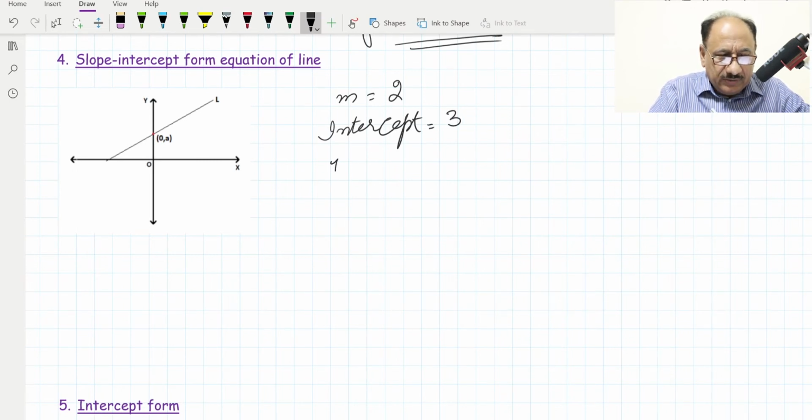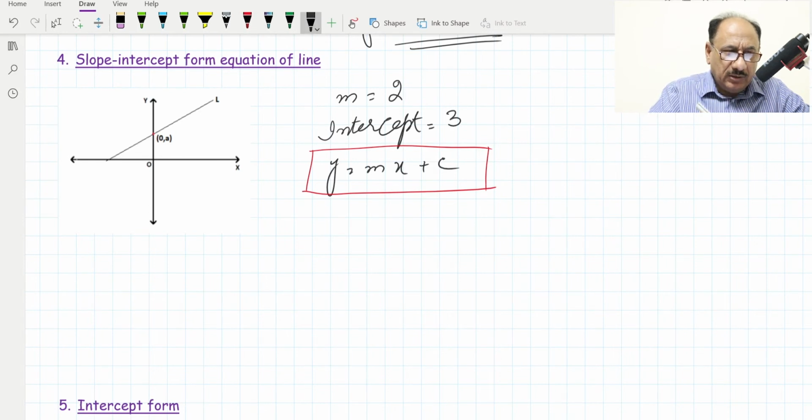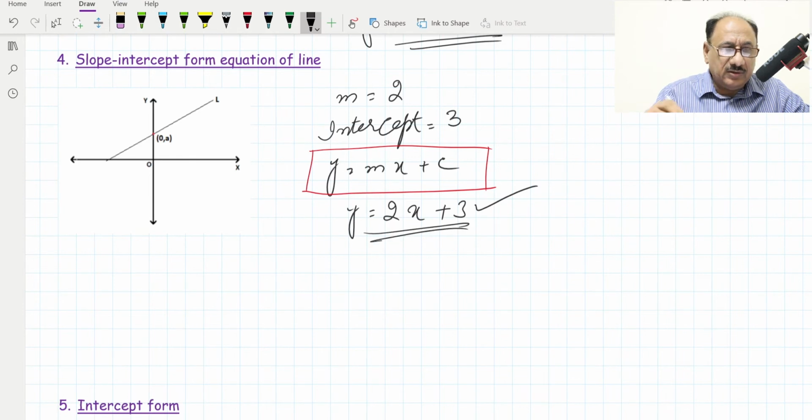So y is equal to mx plus c. This is the equation of a line in slope-intercept form. You will have to keep this in mind, and we can replace this one. Y is equal to, m value is 2, so 2x plus 3. This will be the equation of a line in slope-intercept form.